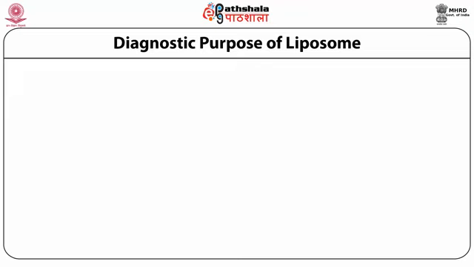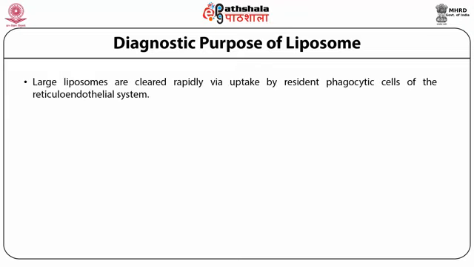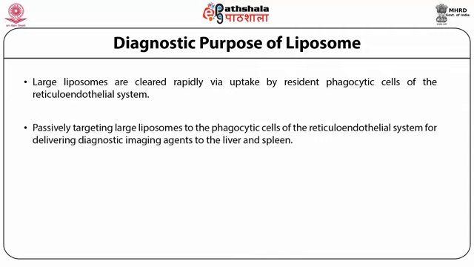Diagnostic purpose of liposomes. Large liposomes are cleared rapidly via uptake by resident phagocytic cells of the reticuloendothelial system. We can passively target large liposomes to the phagocytic cells of the RES for delivering diagnostic imaging agents to the liver and spleen.